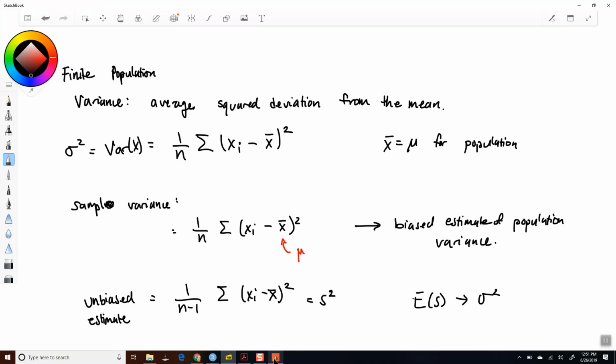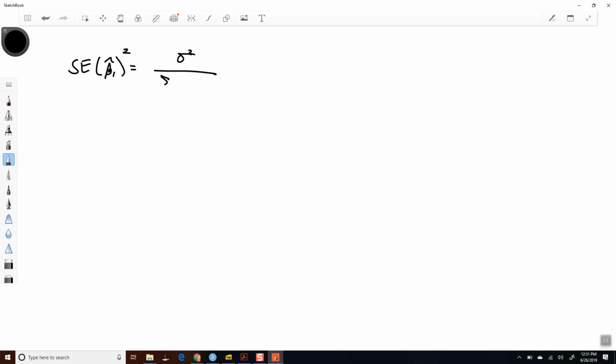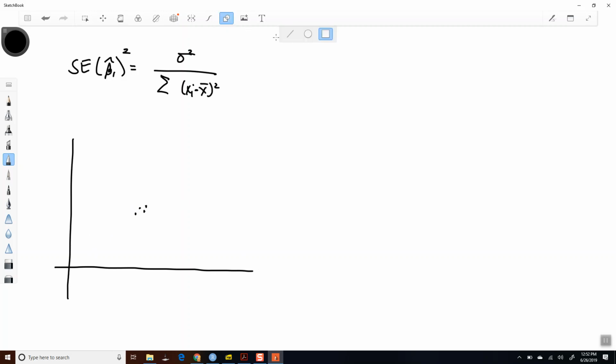So we said the standard error of beta 1 hat is equal to, what is it? Sigma squared over the sum of xi minus x bar squared, okay? So if you only have a few dots here, and you're trying to estimate the slope, okay?